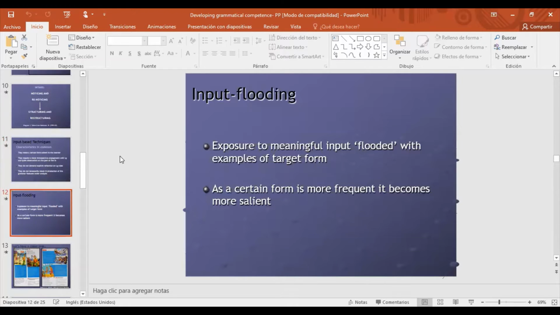Okay. So one of these input-based techniques is called input flooding. This means exposure to meaningful input flooded with examples of the target form. As a certain form is more frequent, it becomes more salient.